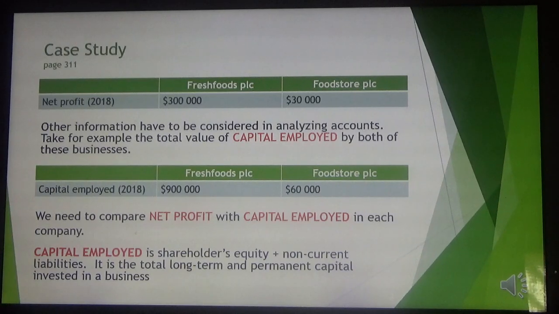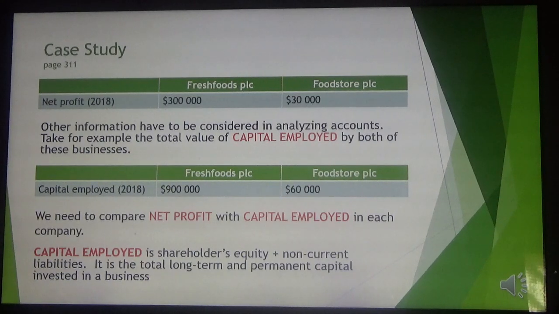This is not enough. The net profit is not enough for us to tell whether the profit margin made on each item sold is much higher in one company than the other. Okay, so definite answers to these questions cannot be given unless other information is considered.